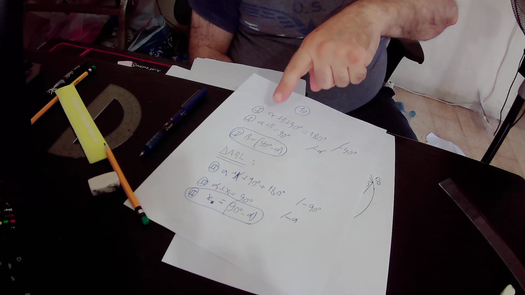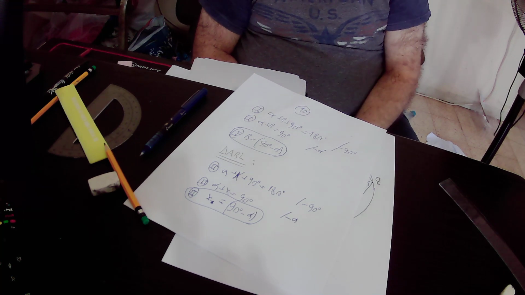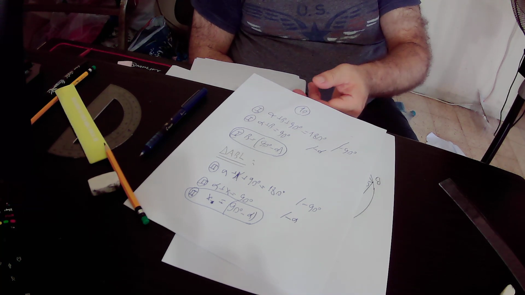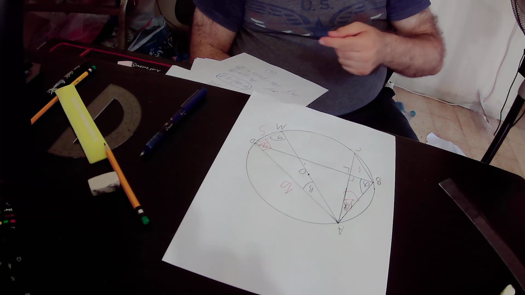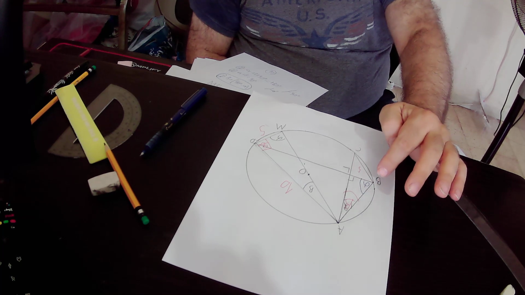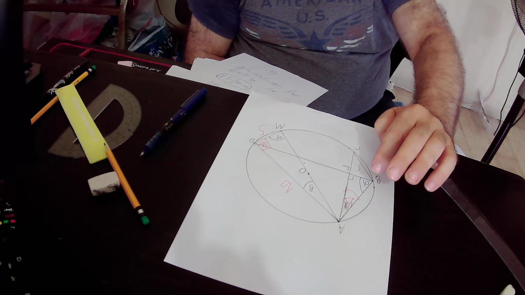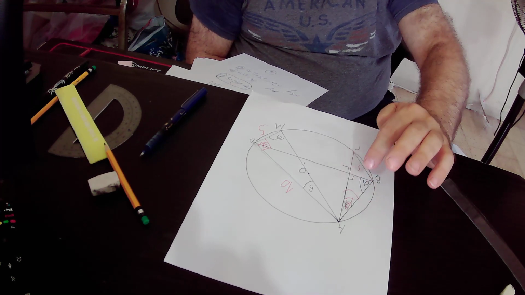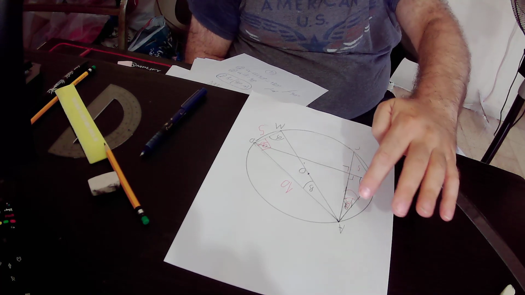From equation number 1, we got that beta equals 90 degrees minus alpha. And in the right triangle ABL, we defined angle BAL as x. We have already found out that angle ABL equals alpha, and angle BAL is defined as x.